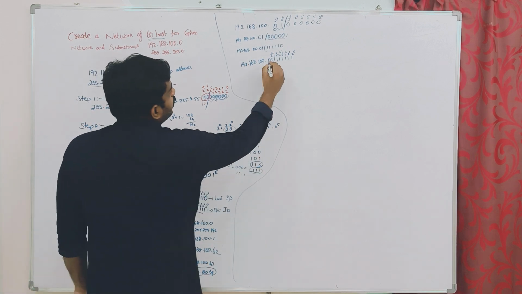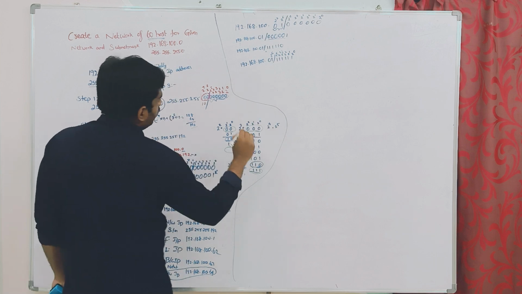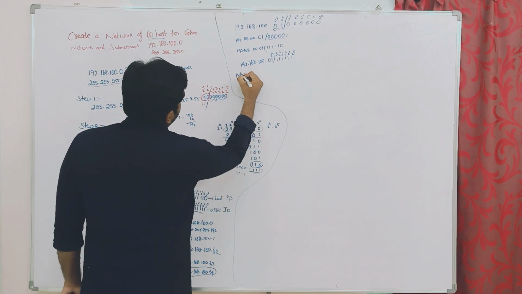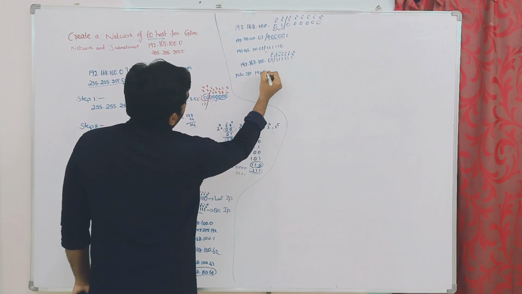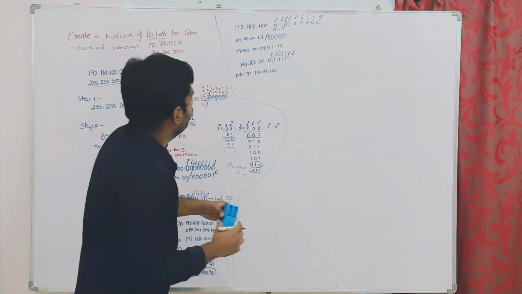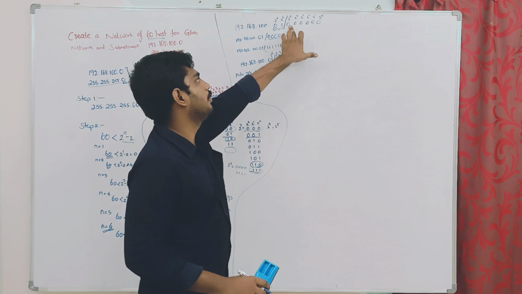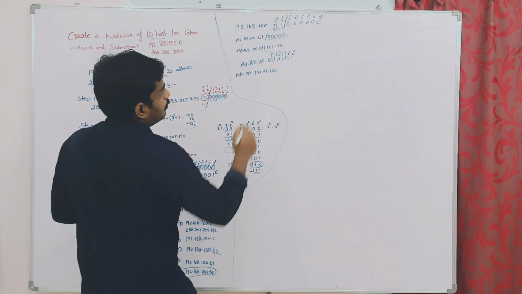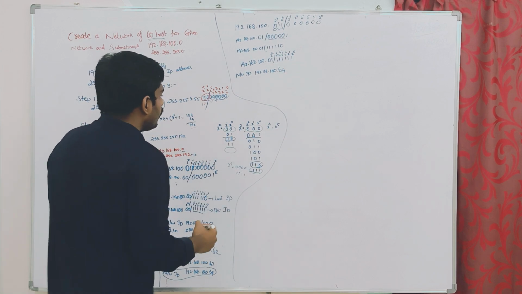So what will I get? 64 plus 63. First I will write my network IP. Network IP will be 192.168.100. If you have any doubt, you take the powers of 2 and multiply with the corresponding bits. If I multiply that 1 with 2 power 6, I will get 64.